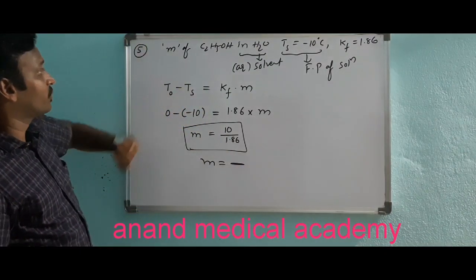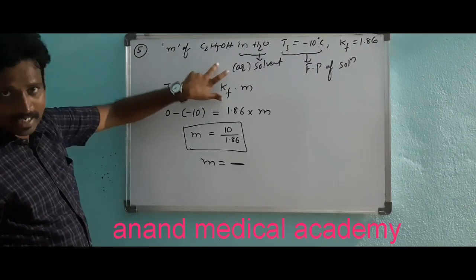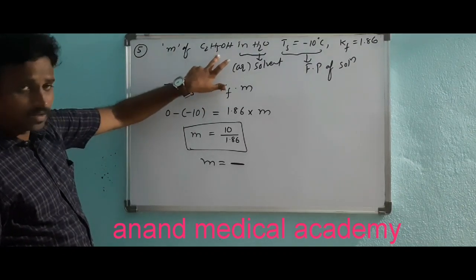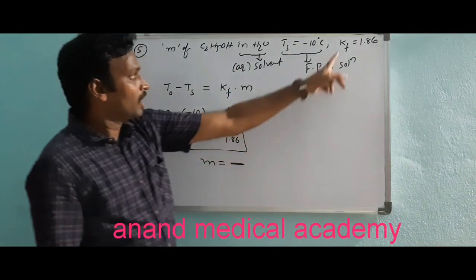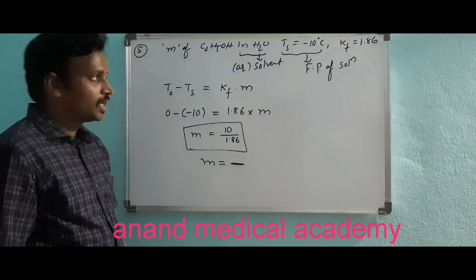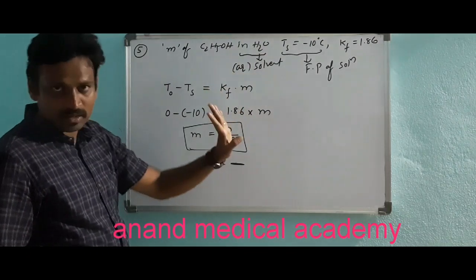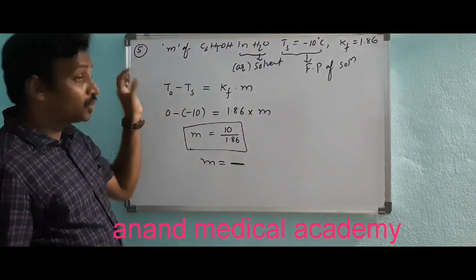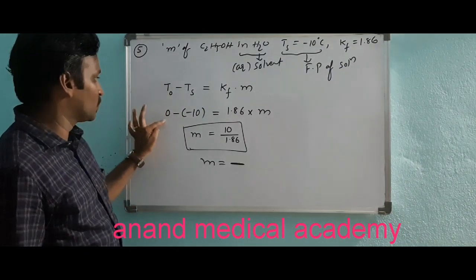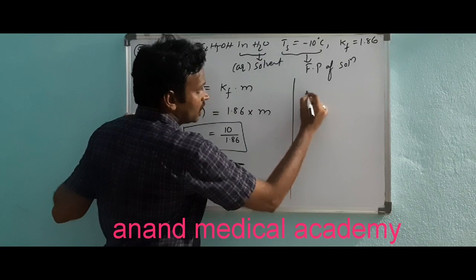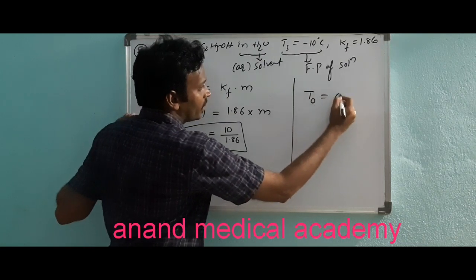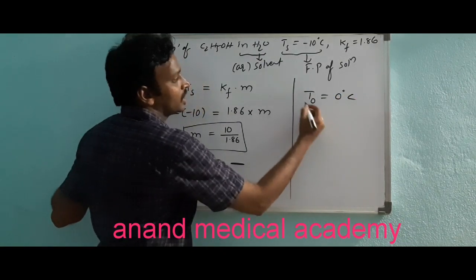And this is about the fifth numerical. Molality is asked, whose molality? Ethanol. Freezing point of solution was given. Kf value is given. Only they mentioned in water. That means T0, you must know T0. It's 0 degrees. Why is T0 0? Because the freezing point of water is 0 degrees Celsius.